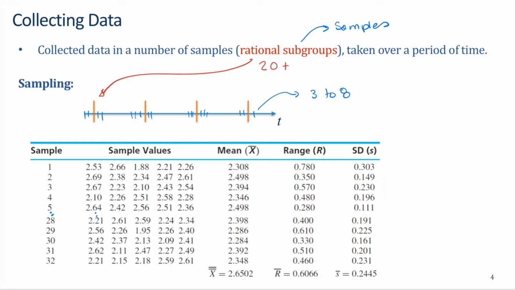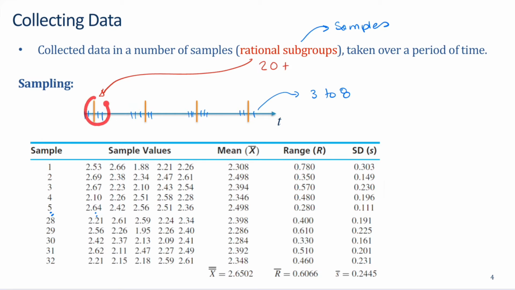Let's review for a moment how we collect the data. Remember that we have a time during which the process is running, and then we divide that time into some sampling times, which are equally distributed over the whole time the process is running. And at each sampling time, we take a sample. The sample could be analyzing the units around that sampling time, or can be equally distributed in between sampling times.